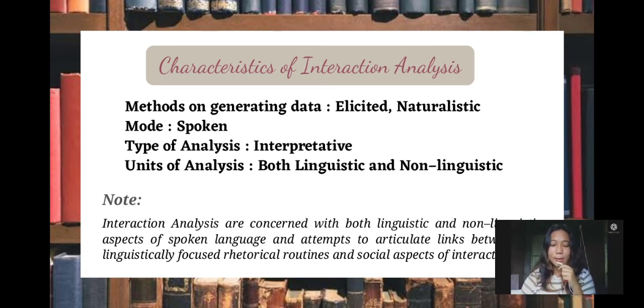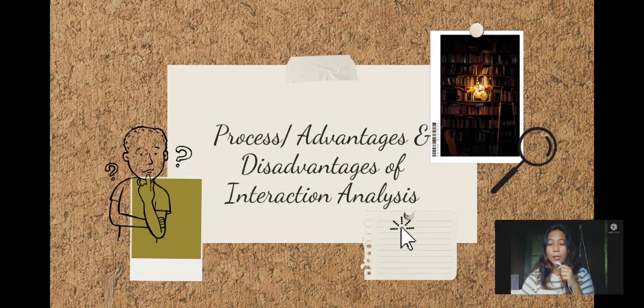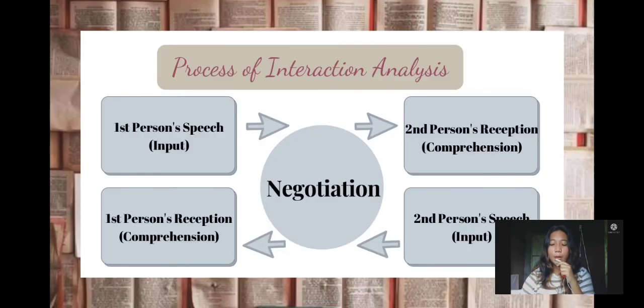Dito naman tayo sa process of interaction. We have the simple process of interaction, as you can see, wherein the first person inputs its message going to the second person, where he or she comprehends the message that was sent. After the comprehension, the second person will input its message going to the first person to also comprehend or understand. And that's where the negotiation or interaction happens.